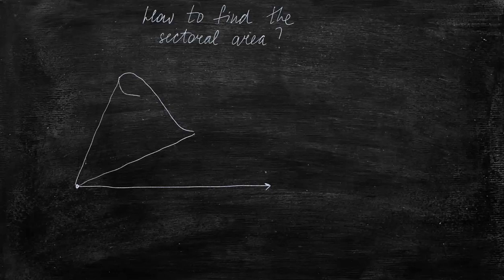That means it doesn't bend this way again, right? So we only have one point of intersection for every ray shooting out of the pole. And let's say this curve is defined by the equation r in terms of theta, and let's say the initial angle here is alpha, and this angle is beta. This is our pole, and this is our polar axis.